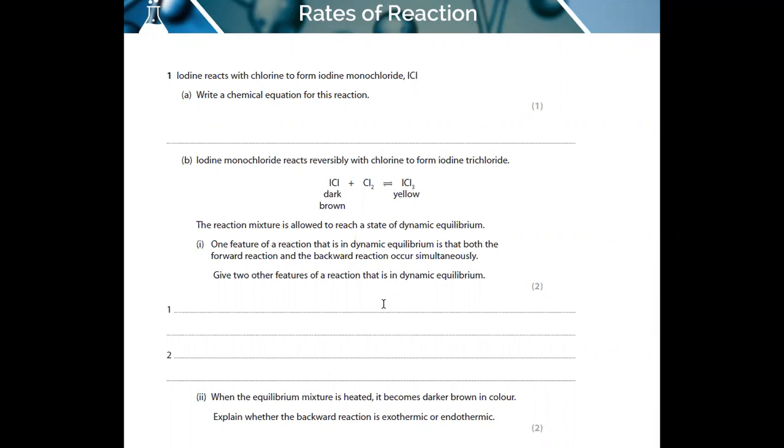Okay, so one feature is that forward reaction and backward reaction occur simultaneously, which means that they occur at the same time. Another feature is that the rate of forward reaction and rate of backward reaction will be equal to each other, and the concentration of the products and the reactants will remain constant.